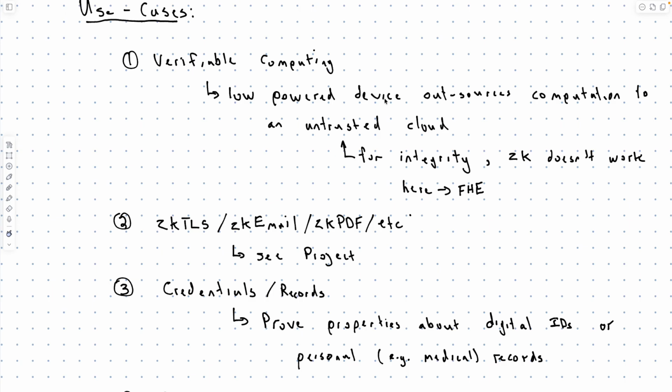But if you relax the condition and say, well, I'm okay with the government seeing all the votes, maybe they're not attributable to me, so they're anonymous, we're not sure who they belong to. But if the government can see all of them, they could prove that the tally is correct without showing everybody all the votes. They could just say, I know a set of ballots, I've seen them, and if you add them all up, this is the winner of the election. So you can use zero knowledge in that case.